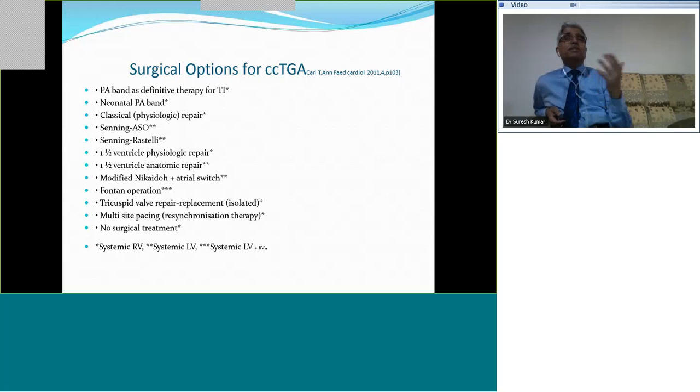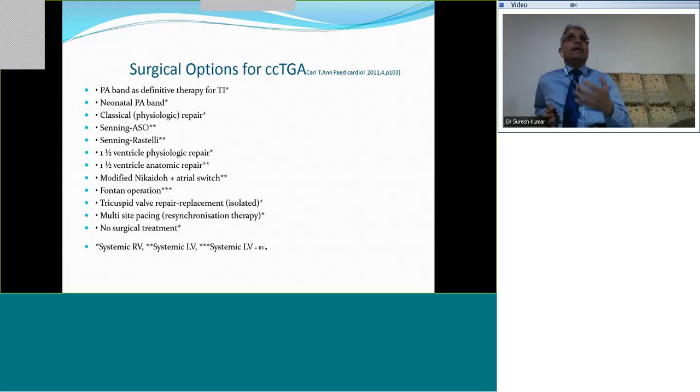Also, if you are doing a Rastelli operation for CTGA VSD PS, you can connect the anatomic right ventricle from the left side with a conduit to the pulmonary artery. And that has ensured the equivalent of an arterial switch there. Now the left ventricle is in the systemic position, provided you have done a Senning. So Senning Rastelli is the other way of doing a double switch.